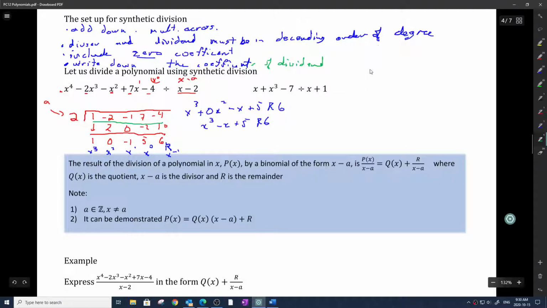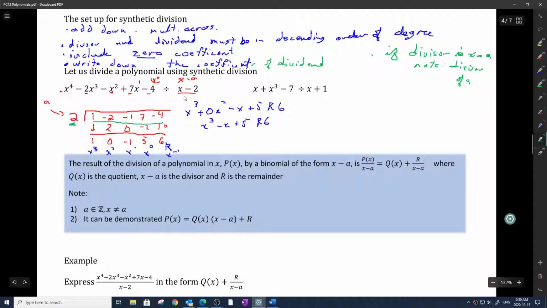And last but not least is if the divisor is x minus a. So the divisor is in the form x minus a. All we note here is that we have a divisor of a. So since it was x minus 2, all we wrote was 2.